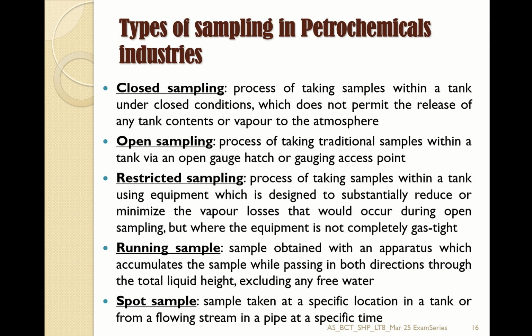Then you continue to go down and slowly more sample goes in. Once you reach near the bottom, you lift it up back again. In this way, you can get samples all along the various depths of the tank. That's called a running sample, in both directions through the total height of the liquid in the tank.